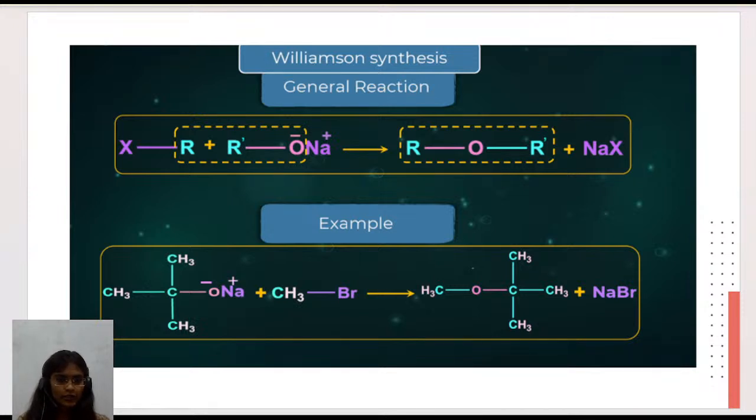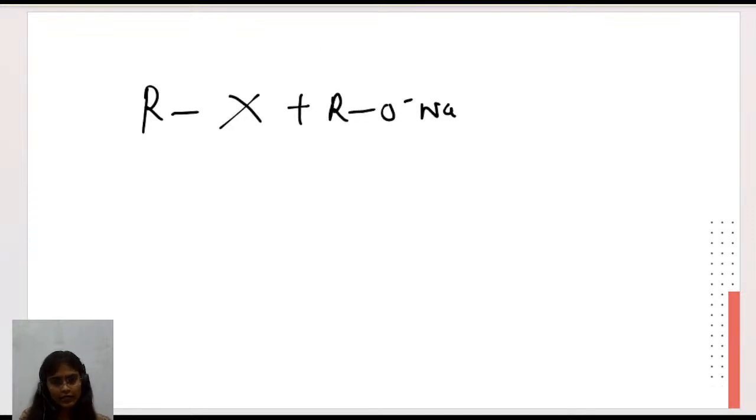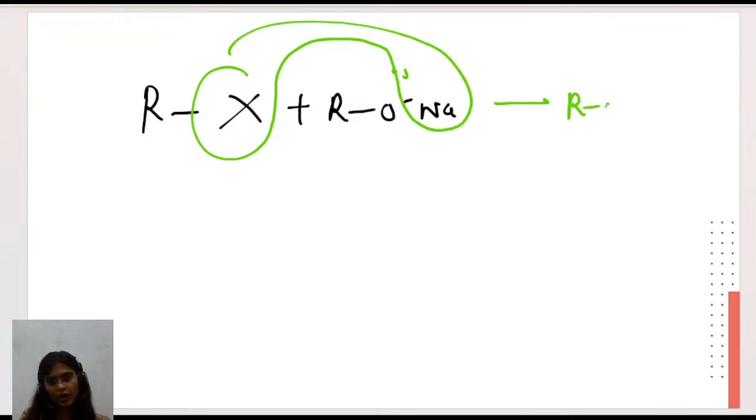Just try to understand what is going to happen. You're using some RX group, and you have some kind of RONa, simple RONa. What is happening in this case? This part simply combines with this, which means ROR plus NaX forms.